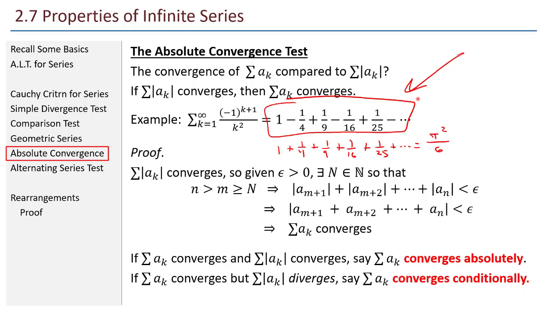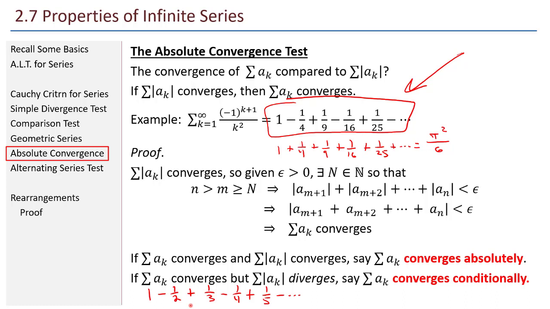Now, there's a weaker kind of convergence. Say I have a series that converges, but in absolute value it diverges. That's a little weaker. The series still converges, to be sure, but in this case we say that the series converges conditionally. What might be a series that converges conditionally? Maybe something like 1 minus a half plus a third minus a fourth plus a fifth minus dot dot dot.